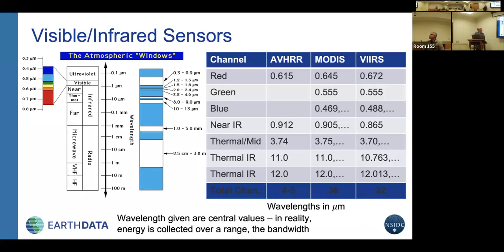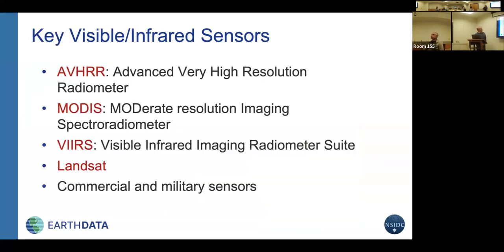So, visible infrared sensors. I put these in the wrong order. We have a history of these going back to AVHRR, and there's earlier ones too, but those are kind of the main ones. AVHRR, Advanced Very High Resolution Radiometer, was basically succeeded by MODIS, the Moderate Resolution Imaging Spectroradiometer.